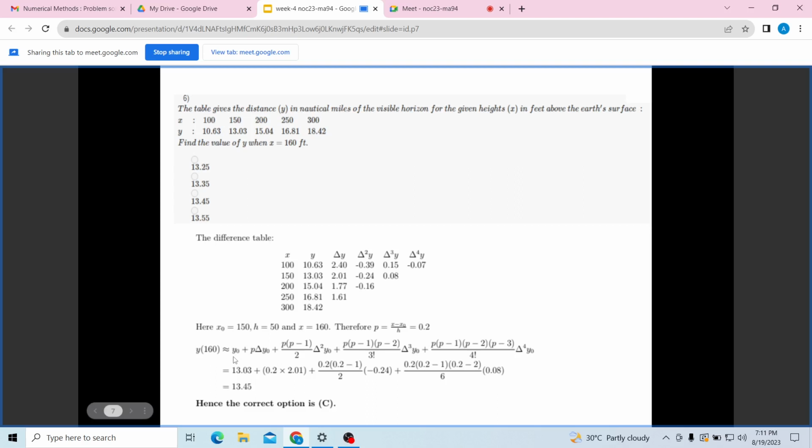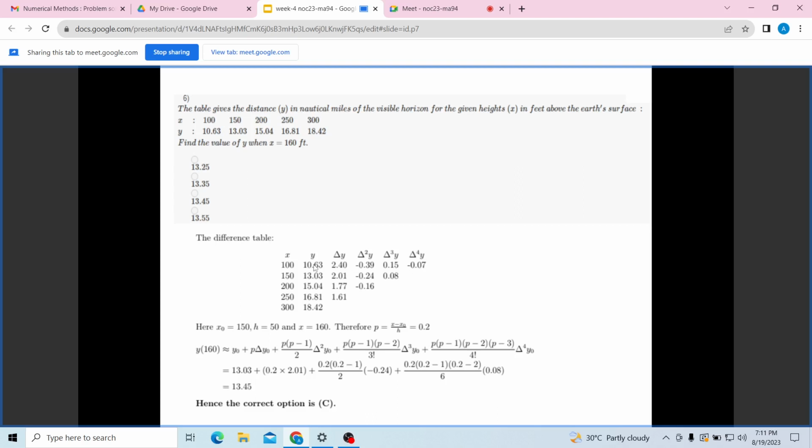Y naught is 10.63, and then delta y naught, that is the first term over here, is 2.40. Then del square y naught is this term, minus 0.39. Similarly del cube y naught is this term, 0.15, and del 4 y naught is this term, minus 0.07.